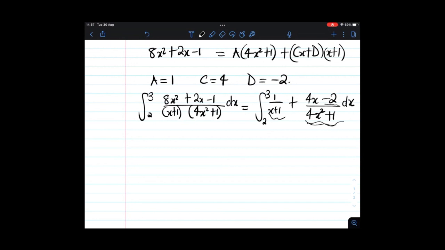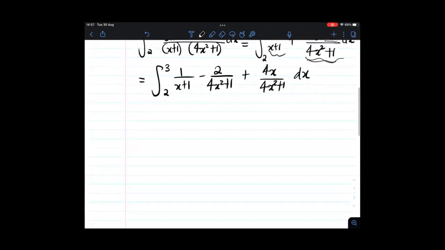So it seems as if we have to do something else. What we can do is separate our numerator in this. So we get minus 2 over 4x squared plus 1, and then plus 4x over 4x squared plus 1. And I think with this we are able to find out something.